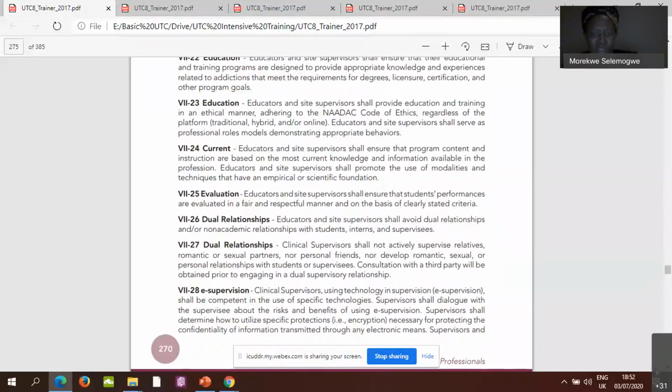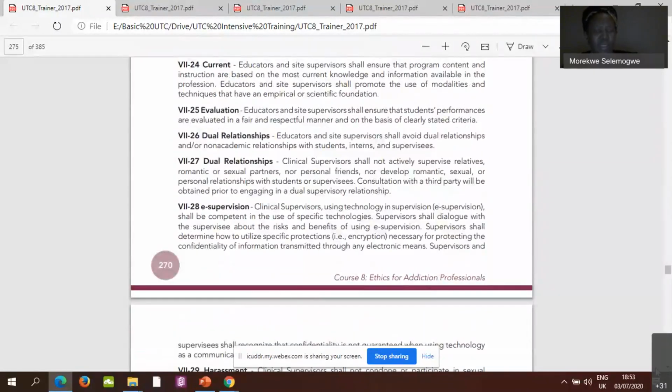As a clinical supervisor, you shall not actively supervise relatives, romantic or sexual partners, or personal friends, nor develop romantic, sexual, or personal relationships with students or supervisees. Consultation with a third party will be obtained prior to engaging in a dual supervisory relationship.